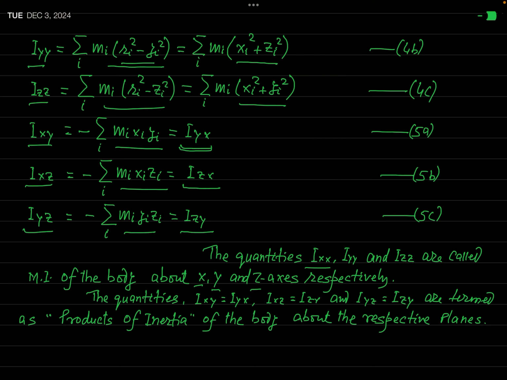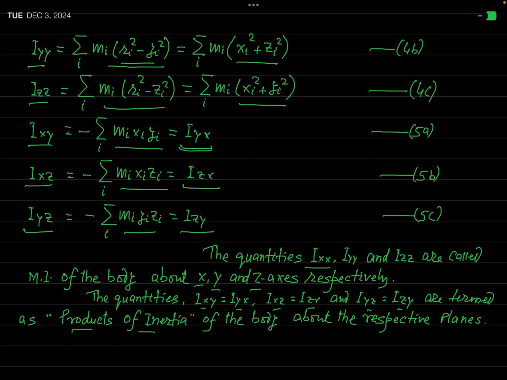Actually, these 6 quantities are known as products of inertia. You can say Ixy or Iyx, Ixz or Izx, Iyz or Izy. All these 6 quantities are known as products of inertia of the body about the respective planes.